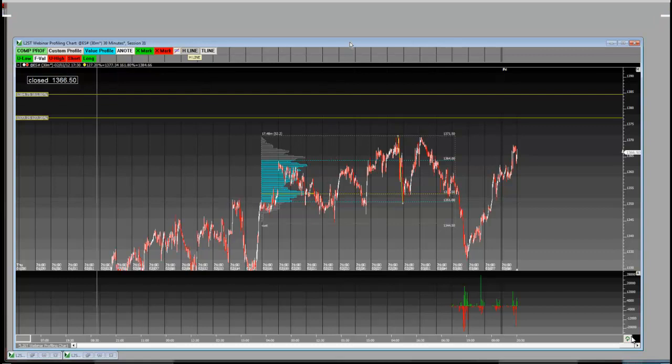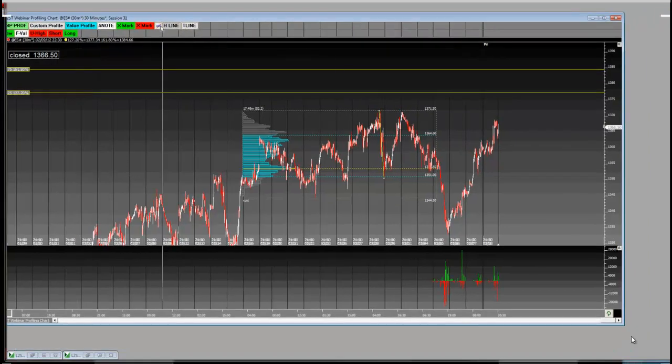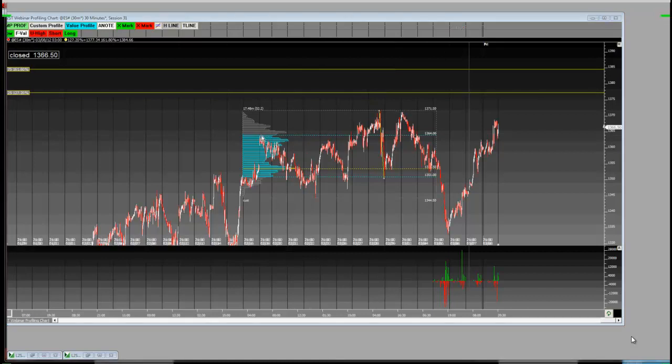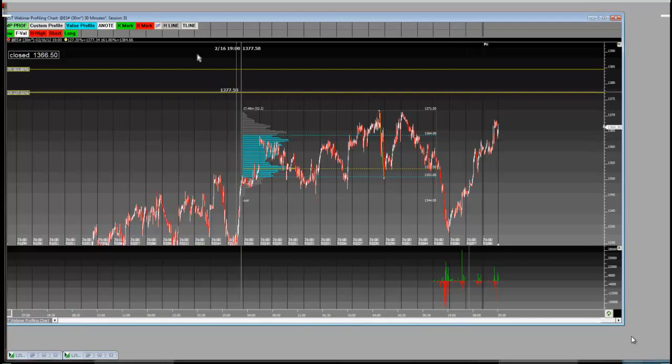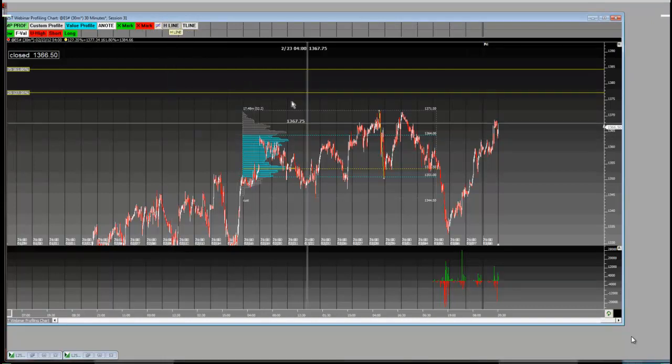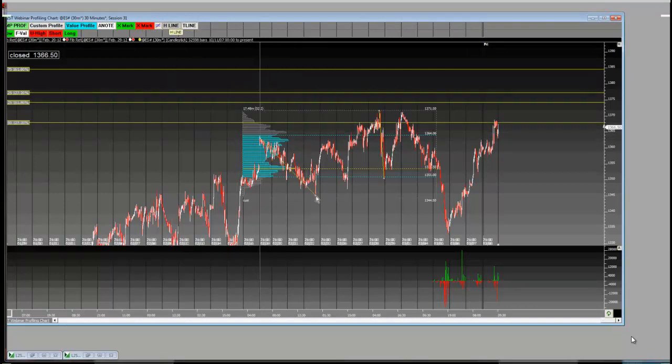Okay, now one of the interesting things we saw was, now it's not always exact, but you'll be surprised at how exact these levels can be. Actually, this was an extension on the other side. Before we had this breakout here, if you notice here, we had a high, and then we had a test of this high, and then we had a breakout. Okay, we had this level when that happened, because I had this high to low.